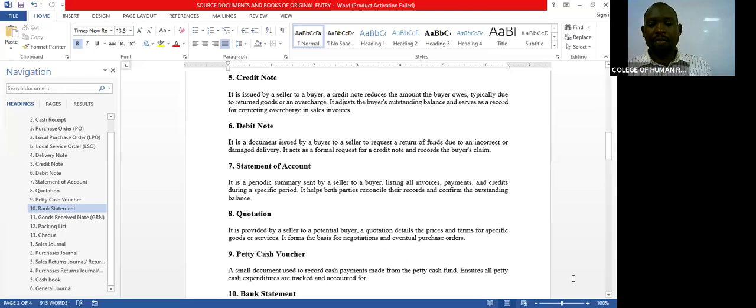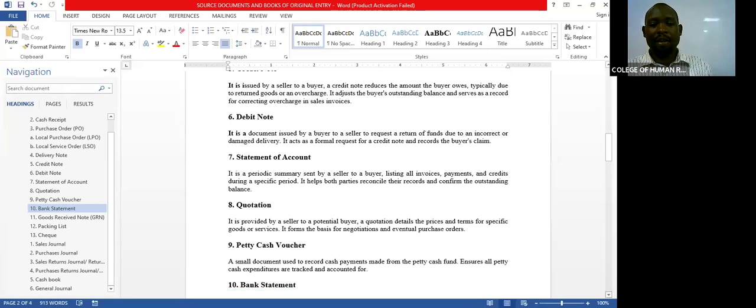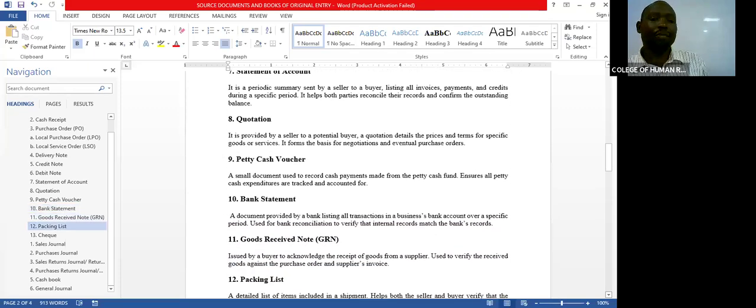Then we have another source document we refer to as the petty cash voucher. In our various organizations, we normally maintain petty cash, which is meant to be used for the frequent but trivial transactions in the business.